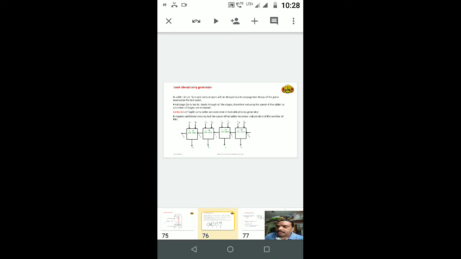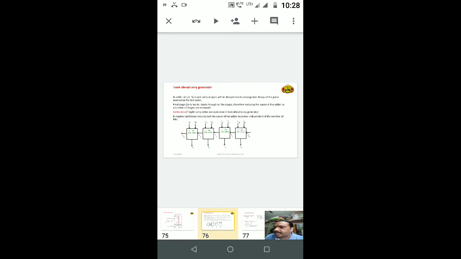If the carry is generated at the first LSB full adder, this carry is transferred to the next full adder, then to the next full adder, and it reaches the last full adder. So, you can't perform the addition of the MSB bit directly. It takes some time for the carry to reach the MSB position, so much more time is required. To reduce this time, you are using the look ahead carry generator.